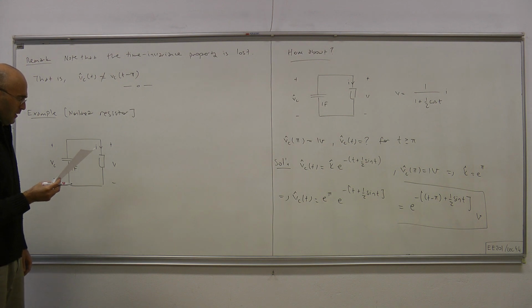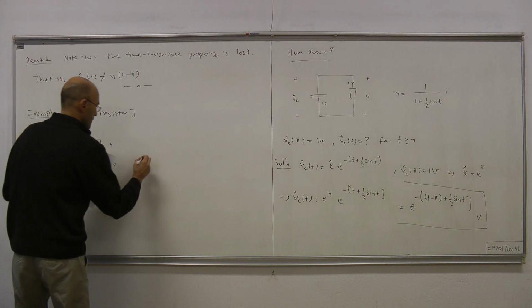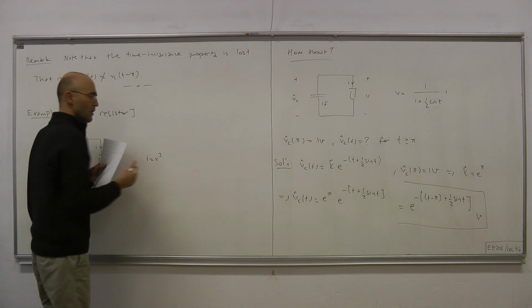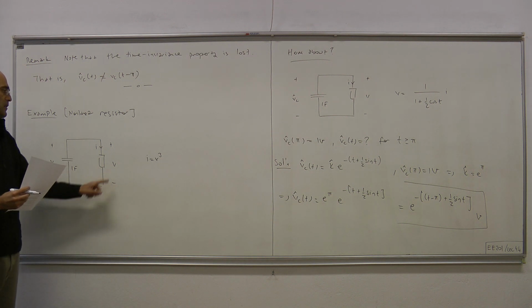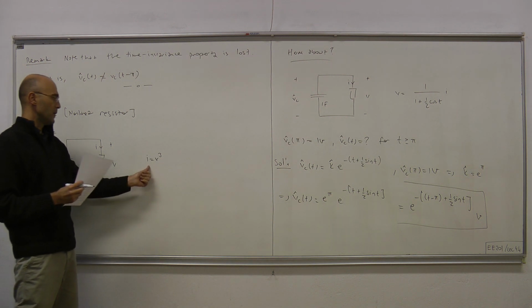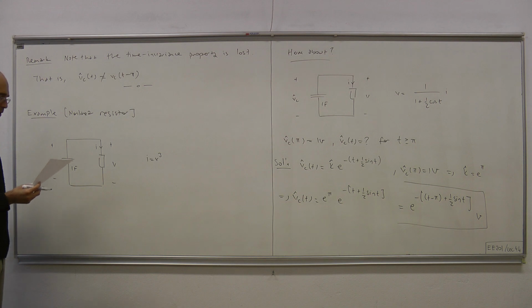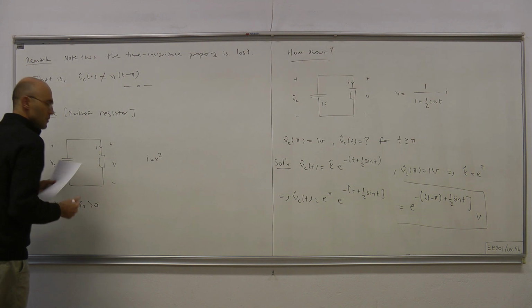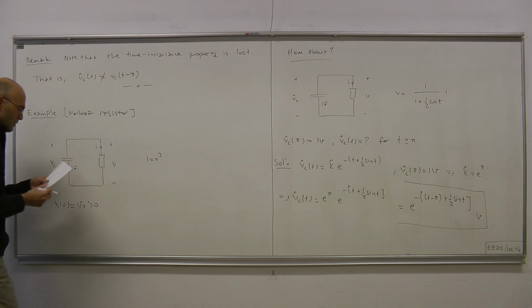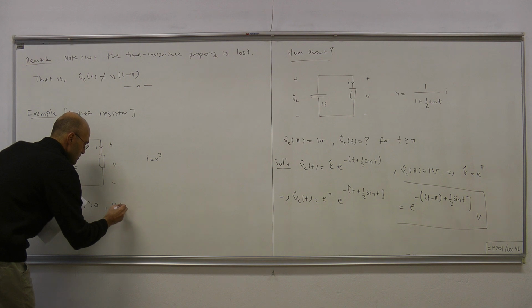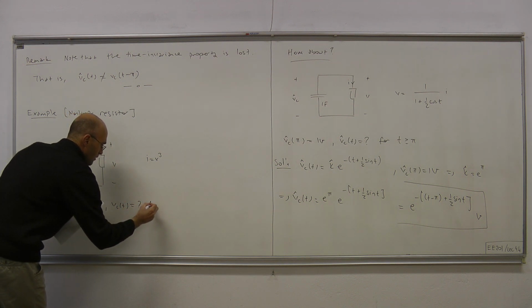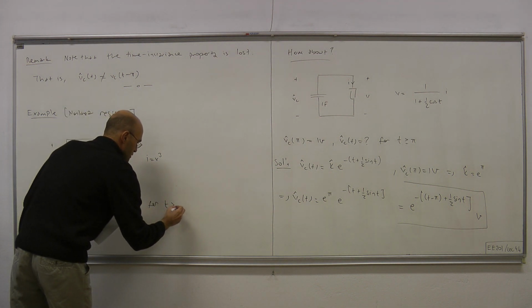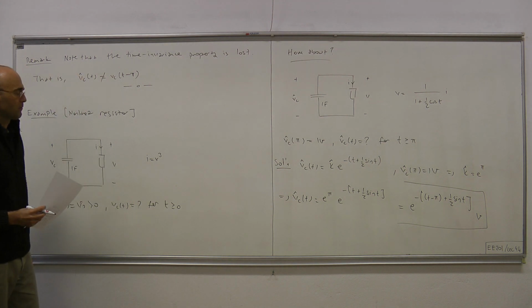Okay. And the IV characteristics of our nonlinear resistor is given in that relation. And VC0 is something positive. The question is, what's VC t for future times t greater than or equal to 0?